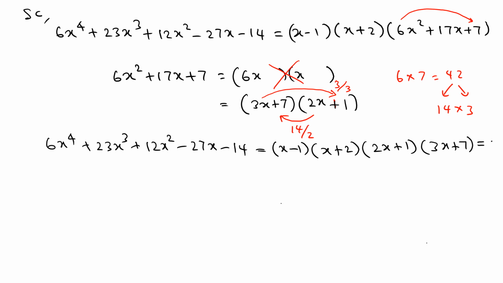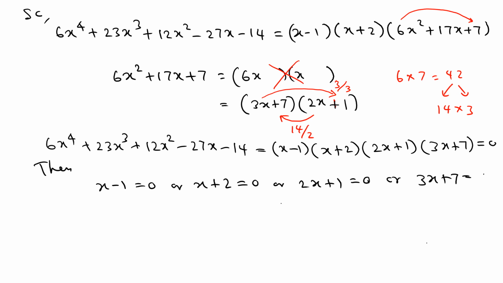We're going to set this equal to 0. Then you set each one equal to 0: x minus 1 equal to 0, or x plus 2 equal to 0, or 2x plus 1 equal to 0, or finally 3x plus 7 equal to 0.